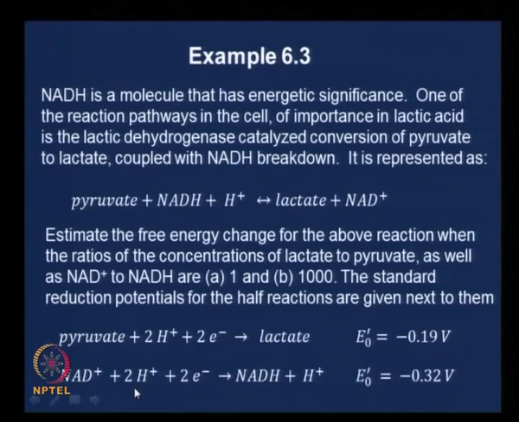And NAD plus plus 2H plus plus 2e minus giving you NADH plus H plus, and here the standard reduction potential of this half reaction is minus 0.32 volts.